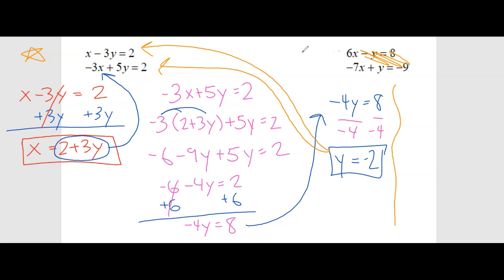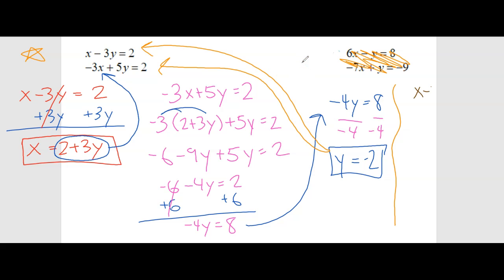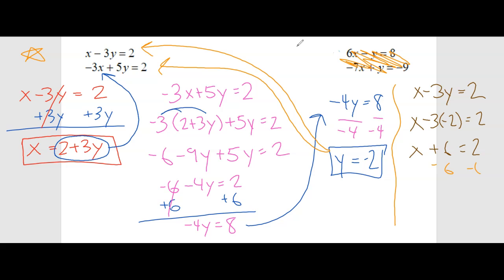So let me come over here. Again, we're not doing this problem. So I have x minus 3y is equal to 2. Well, I know that y is equal to negative 2. Negative 3 times negative 2 is positive 6. Subtract 6 from both sides.